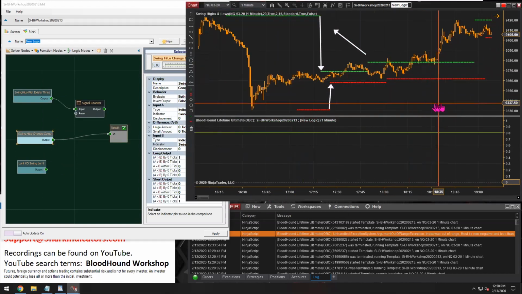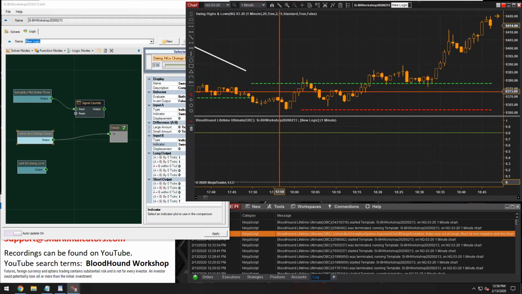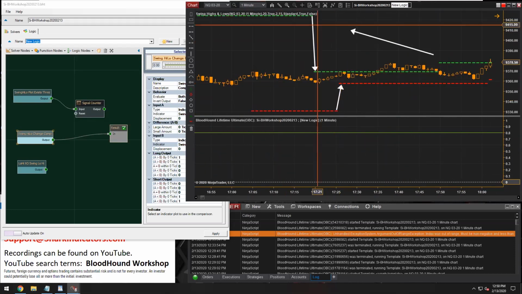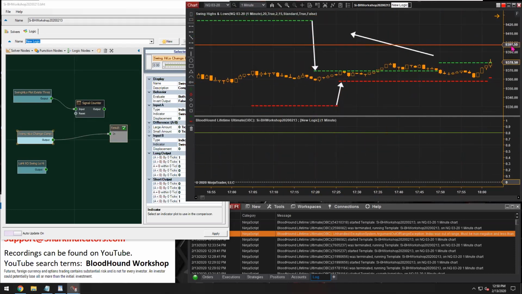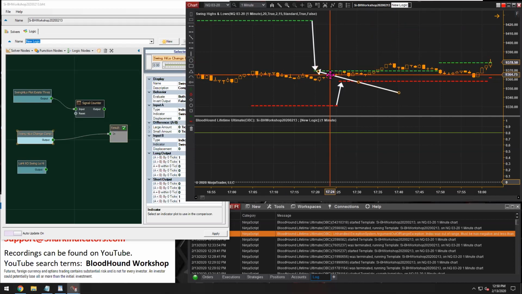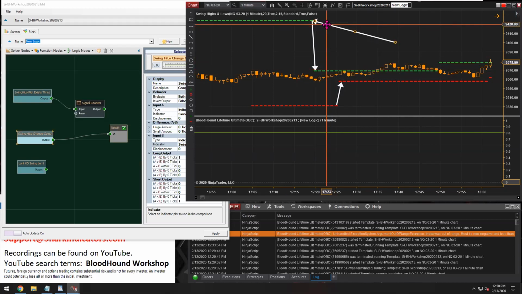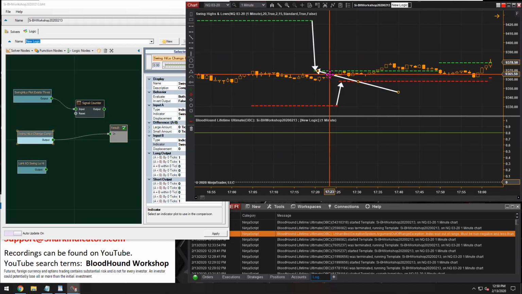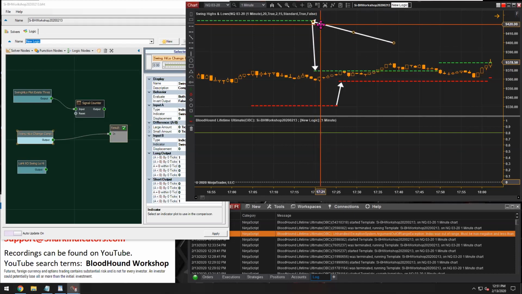All right, now we're not quite done. So what I'm going to do is, when price changes like this, when the swing high changes in price, we can take the current plot value and compare it to 1 bar back.